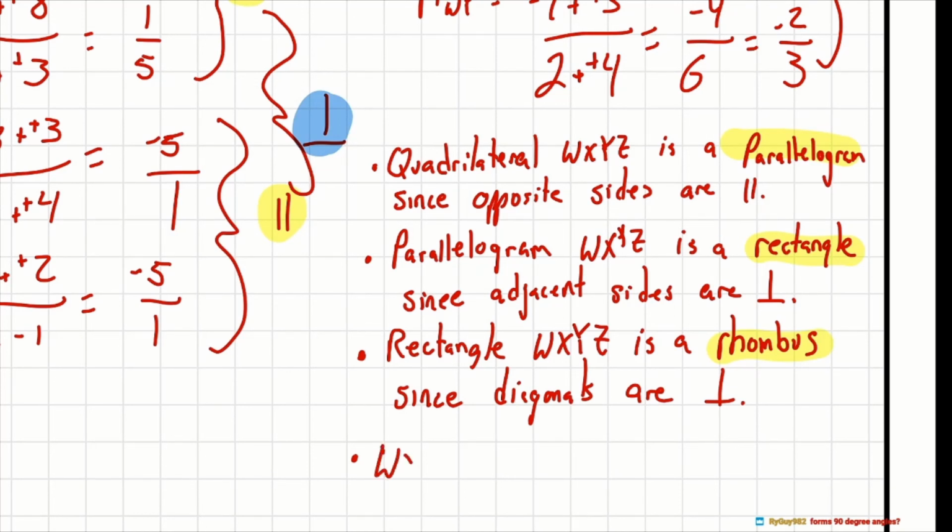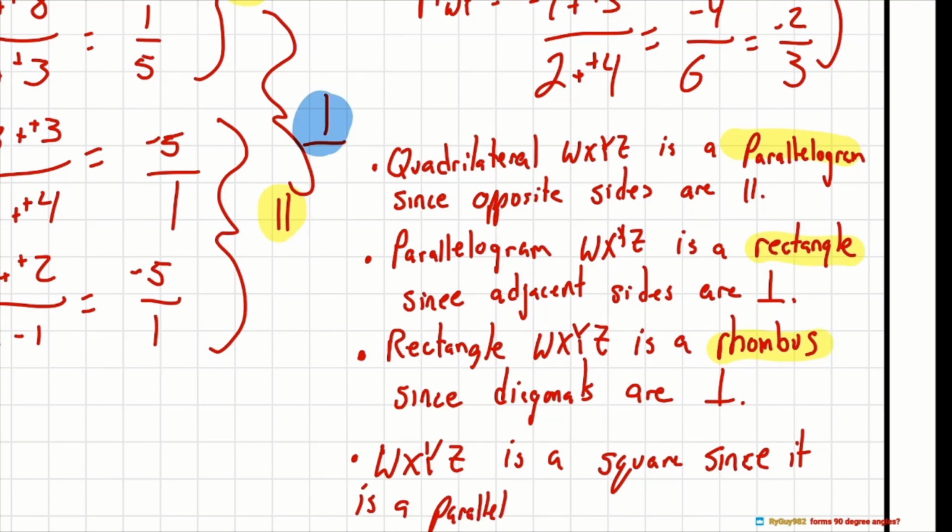So I will just say WXYZ is a square since it is a parallelogram, rectangle, and rhombus. And that would conclude this proof.